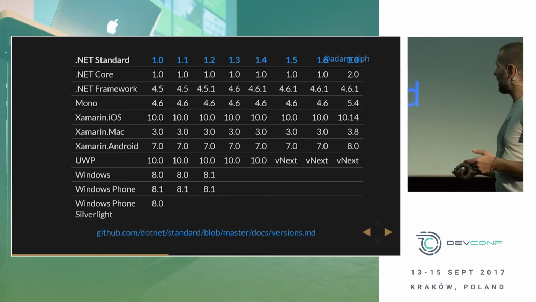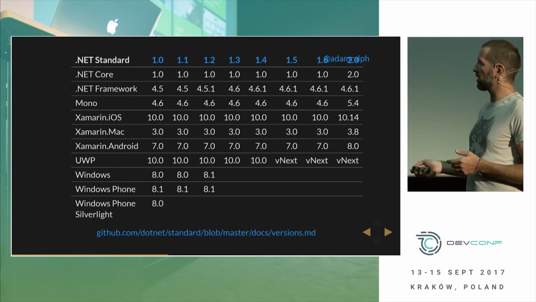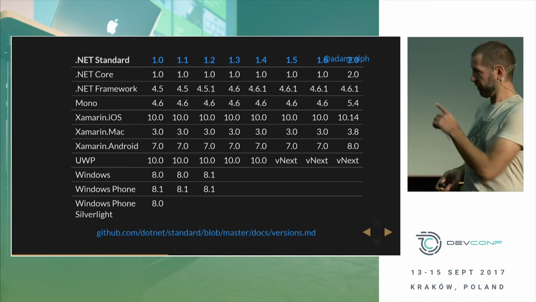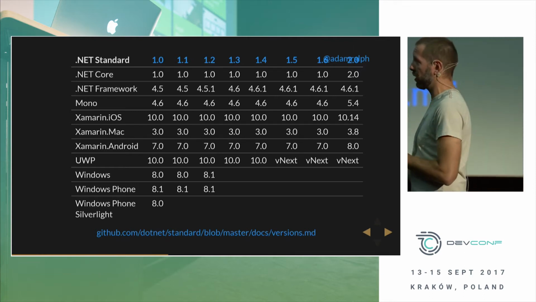By the way, the slide deck is linked at the end, so you don't have to try and memorize all these URLs now. But the documentation on this stuff is really, really good.